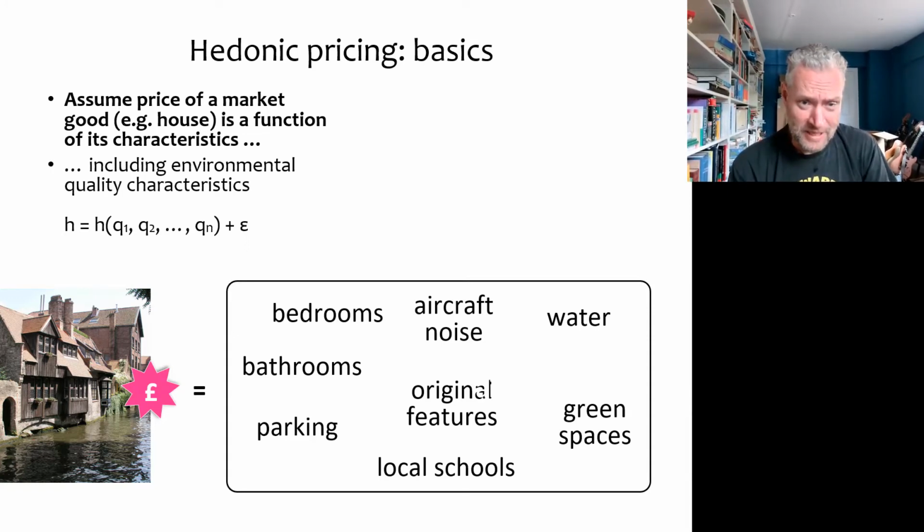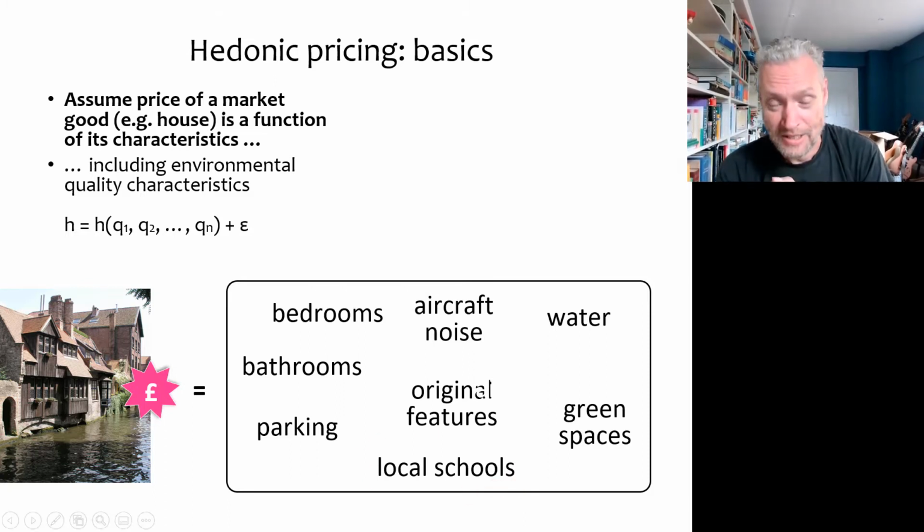Now the basic thought behind using this method for environmental valuation is that it's not just the qualities of the house, but also the qualities of its neighborhood that matter. So houses that sit in an area where the schools are good would command a higher price.